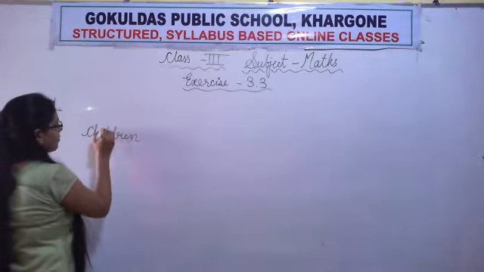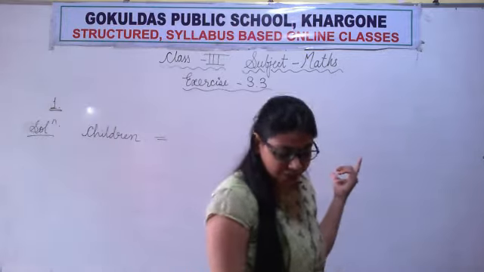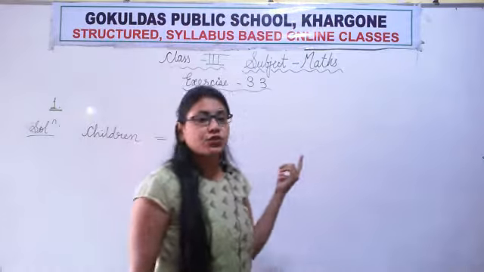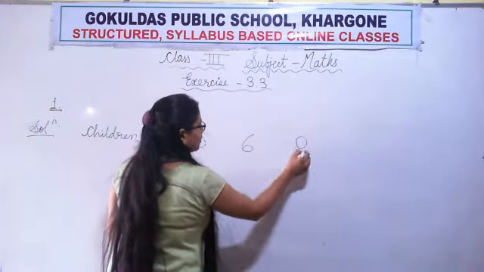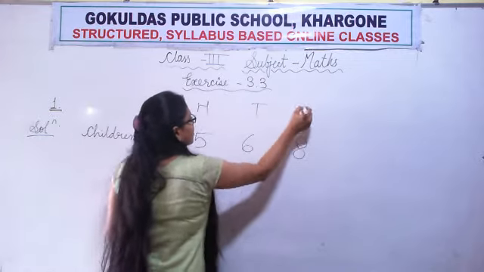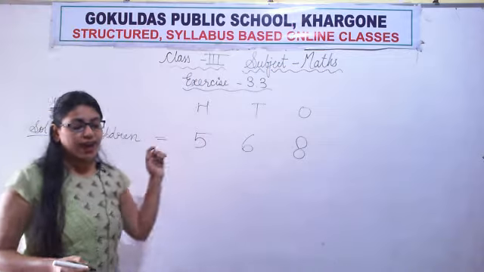First of all, we'll write the total number of children. How many children are there? 568. So 568 children are there.